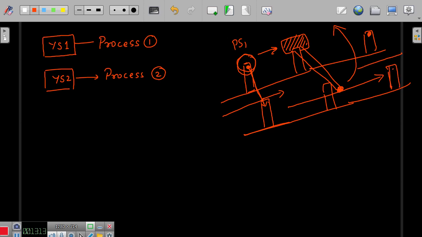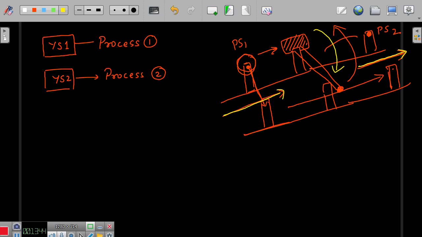The moment the crane comes here, the signal from position sensor 2 is to again close this particular barrier. So this is the initial position of the crane wherein your barrier gets opened. This is the final position of the crane where the barrier gets closed.